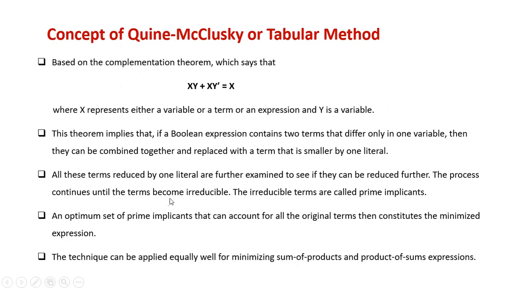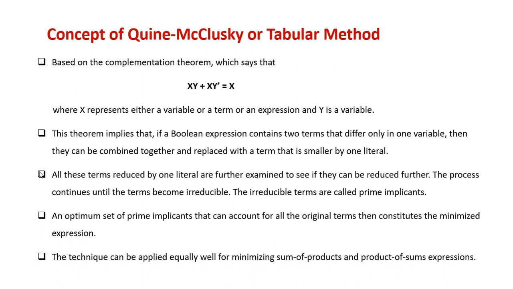The process continues until the terms become irreducible, and the terms which are left at the end, the irreducible terms, are called prime implicants. The optimum set of prime implicants that can account for all original minterms constitutes the minimized expression. So the functionality is similar to K-map only. In K-map, we have to find all the prime implicants, then find the essential prime implicants, and then form an optimum set of those to form the minimized expression.